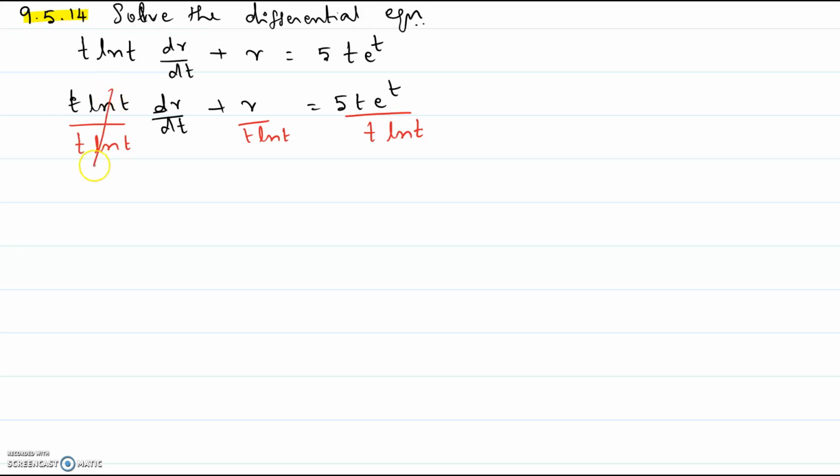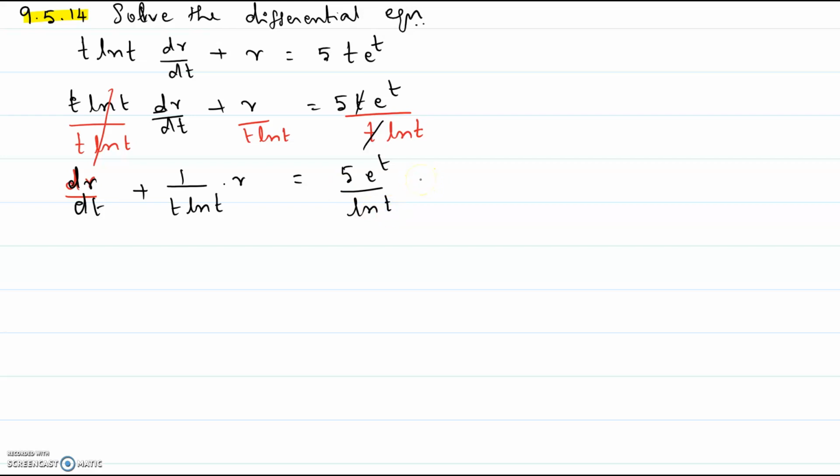So we get dr by dt plus 1 over t ln t times r equal to 5 e to the t over ln t.